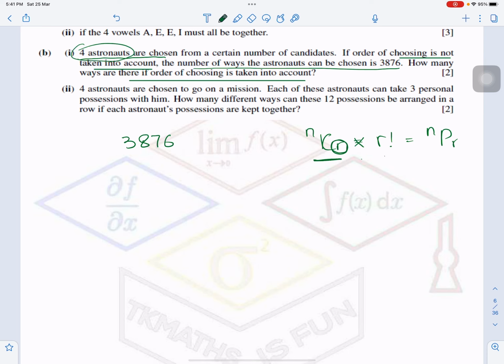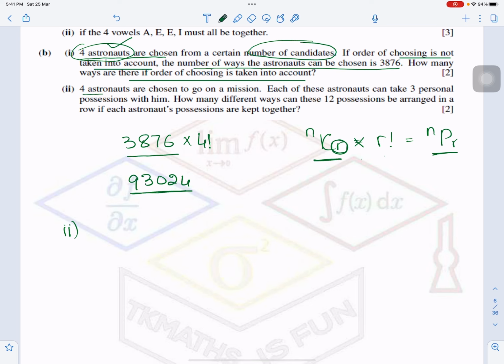So if I multiply by 4 factorial, I get the number of ways when order is considered. Let me use the calculator. The answer is 93,024 ways.